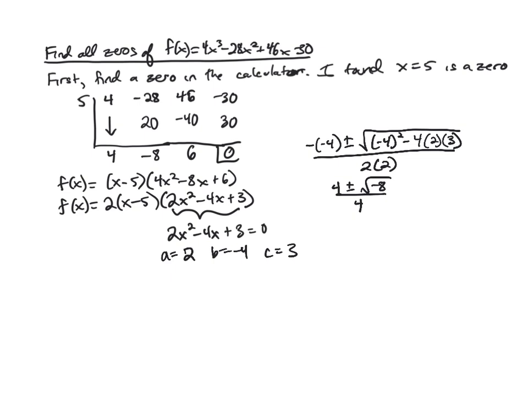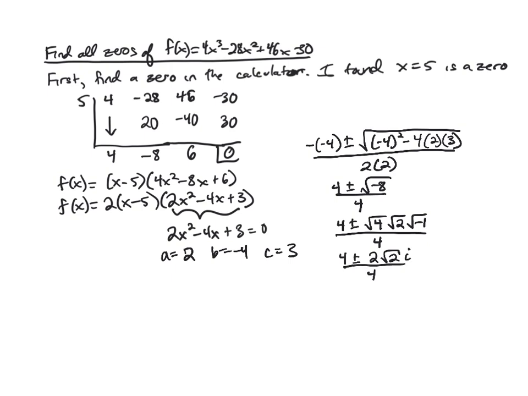Now, I want to tidy up the square root in 2 ways. One is I want to factor out any perfect squares. So that will factor the 8 into a 4 and then a 2. And I want to break out that negative because that will become i. So this turns into 4 plus or minus 2 square root of 2 i, all over 4.